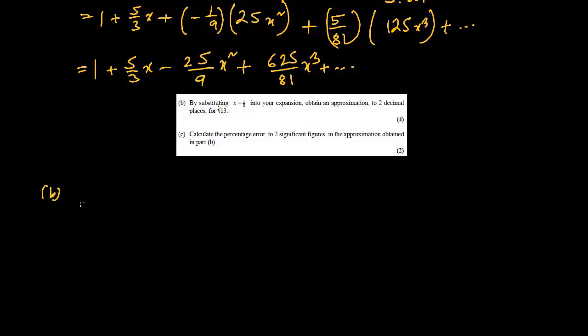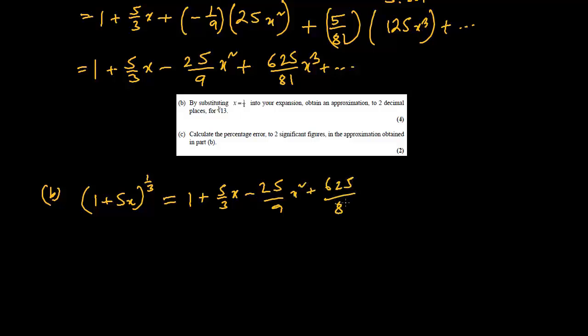So question number B is going to be, what we did is 1 plus 5x to the power 1 by 3. We calculated it is 1 plus 5 by 3x minus 25 by 9 x squared plus 625 by 81 x cubed plus dot dot dot. So here they're asking us to put x equals 1 by 8.